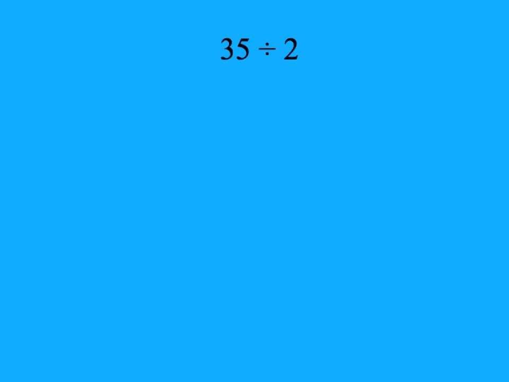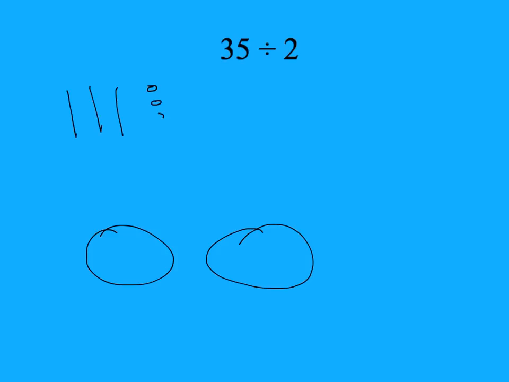Let's practice 35 divided by 2. So I have 2 groups. And now I'm going to break this down into 35. So 10, 20, 30. 1, 2, 3, 4, 5. Now I'm going to share this 35. 10, 20.